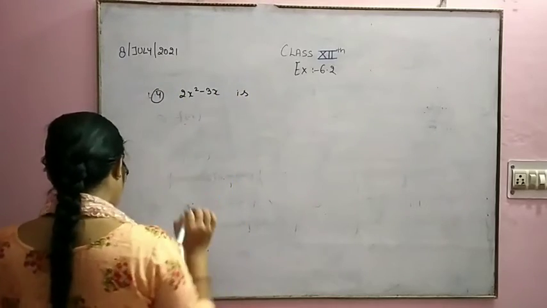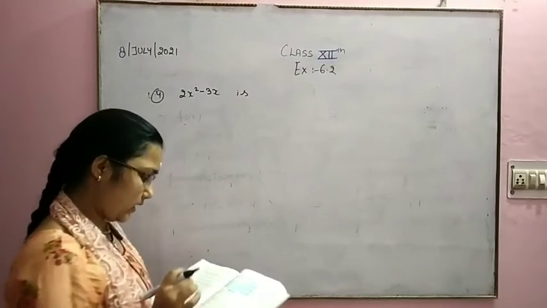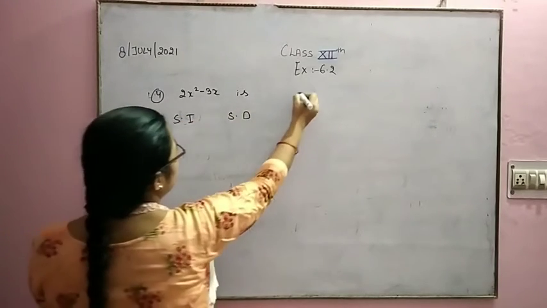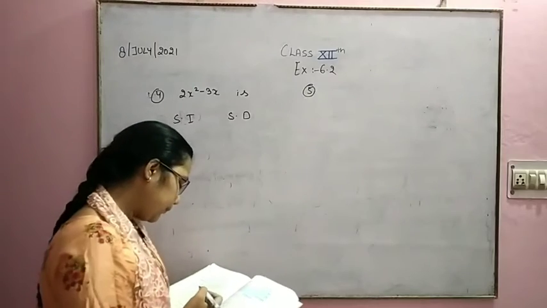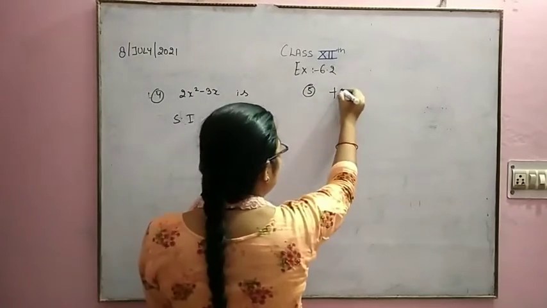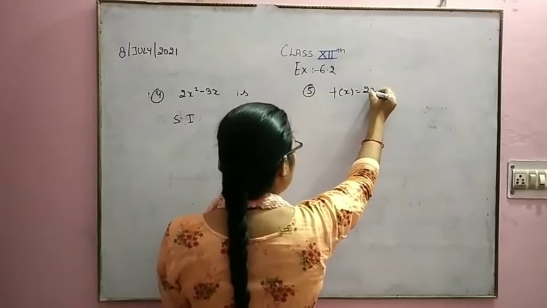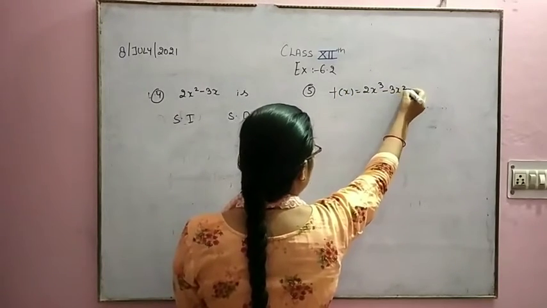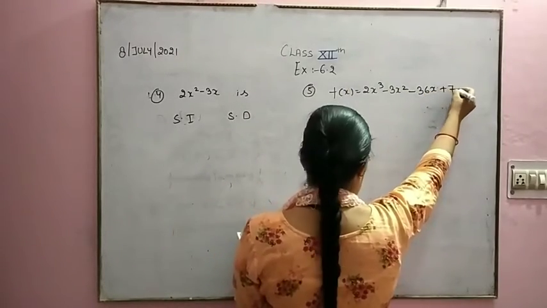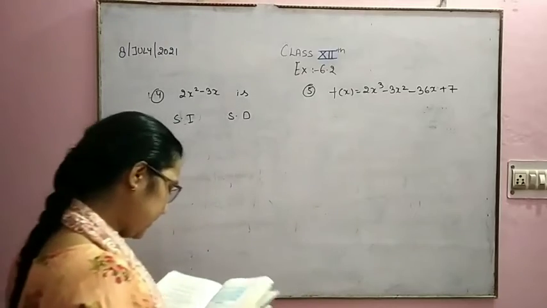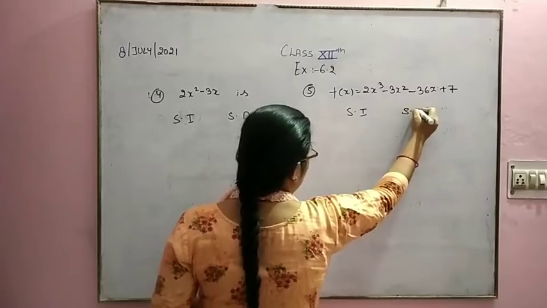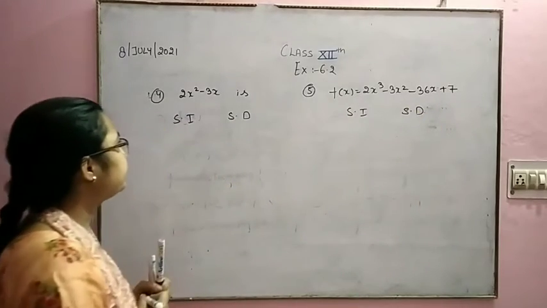The first interval we have to find for strictly increasing, and the second for strictly decreasing. And the fifth one, find the interval in which the function f is given as f(x) equals 2x cube minus 3x square minus 36x plus 7 is strictly increasing or strictly decreasing. We have to find the interval for that.